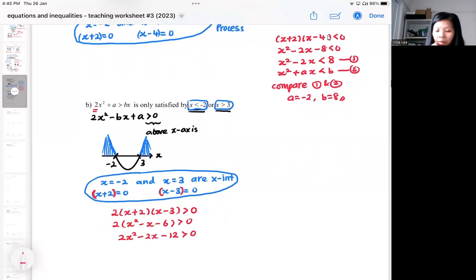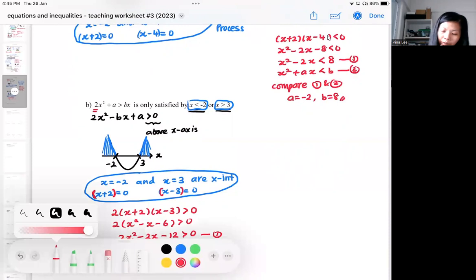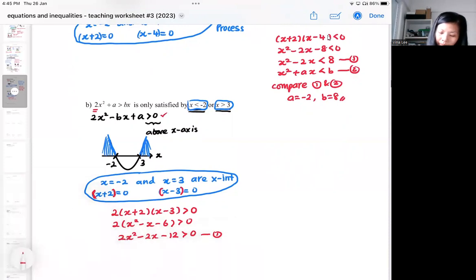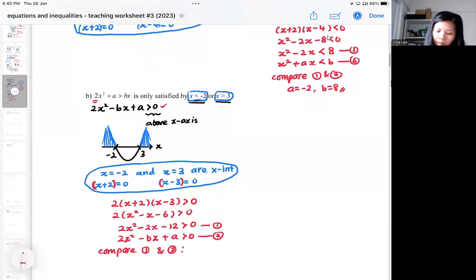After you expand out, you can compare with this. If you compare, you will be able to get A equal to -12 and B equal to 2.